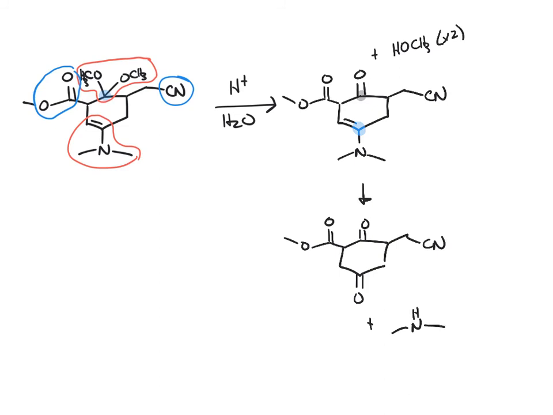Okay, so we have that. Then let's do the ester. So the ester, that'll get hydrolyzed to a carboxylic acid. This oxygen group will fall off to become an alcohol, CH3OH, and the carboxylic acid.